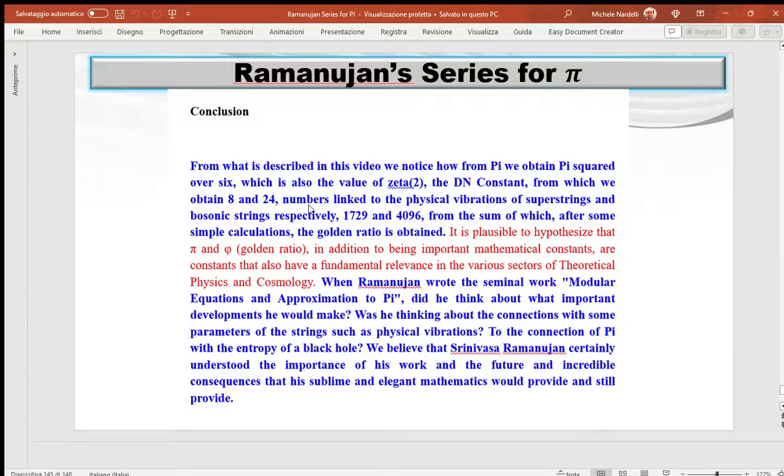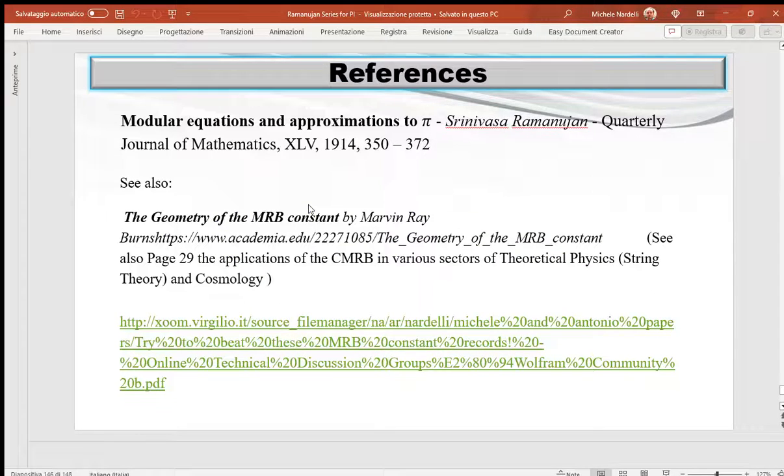We believe that Srinivasa Ramanujan certainly understood the importance of his work and the future and the incredible consequence that this sublime and elegant mathematics will provide and still provide. This is the reference: Modular Equations and Approximations to pi, of Srinivasa Ramanujan, Quarterly Journal of Mathematics, 1940.